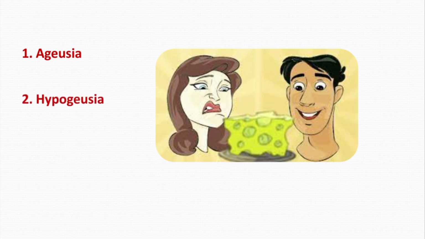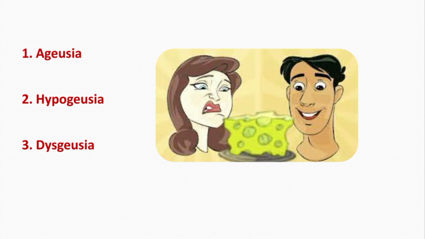Then the next disorder is hypogeusia, and hypogeusia refers to a decreased taste sensitivity. In this, the taste sensations are not completely lost, but there occurs an increase in the threshold for different taste sensations. The third disorder is dysgeusia, and this refers to a disturbed taste sensation.